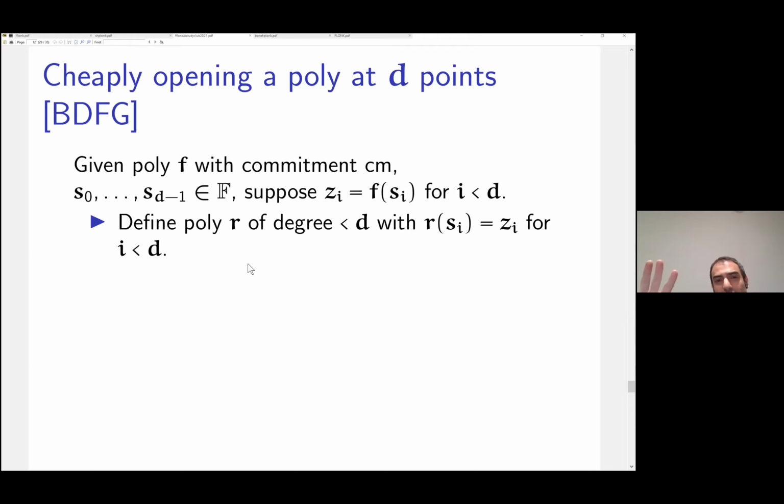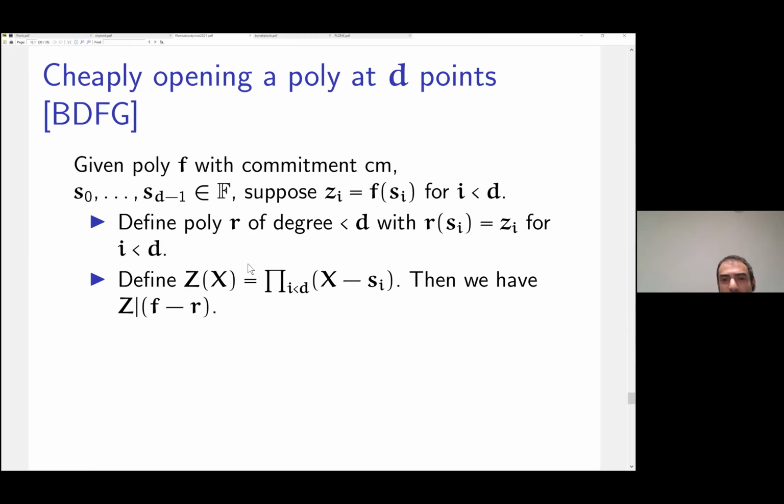So how do we verify all these values cheaply? Let's define a polynomial r of degree smaller than d that agrees with f on all these points. So r of si is going to be zi. And now let's define the polynomial z, which is the zero polynomial of this set of evaluation points.